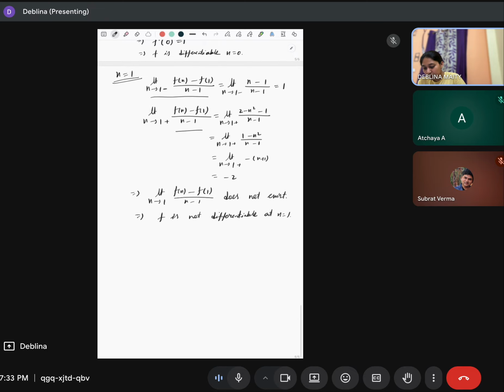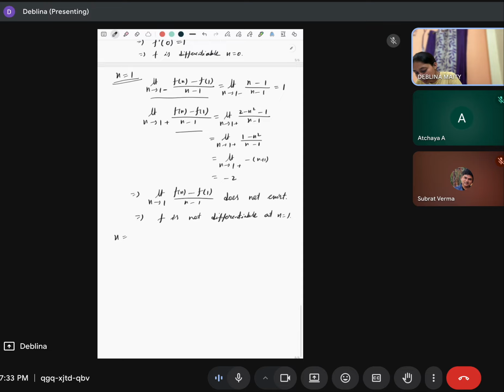Now let's go for the point x equals 2. So the left hand is x goes to 2 minus of (f(x) minus f(2)) by (x minus 2).